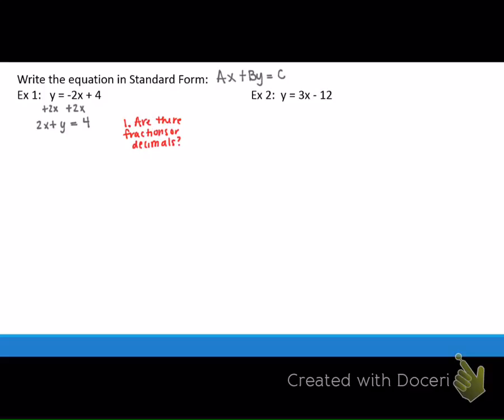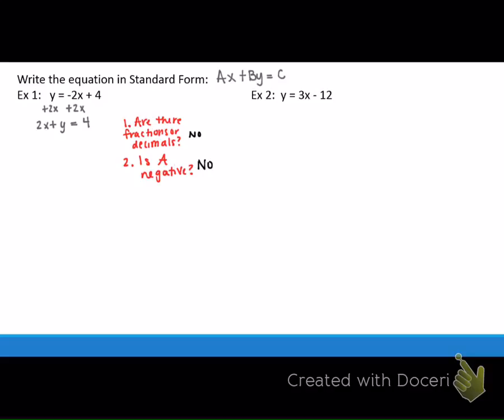Olivia, do we have fractions or decimals? No, so we're good there. Number 2. Is A, which is the number in front of x, negative? Is A negative, Spencer? It's the number in front of x. No, it's a positive 2, so we're good there.